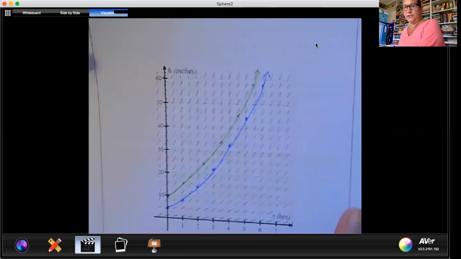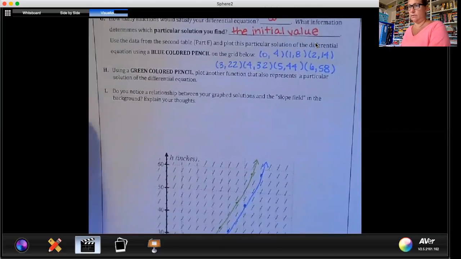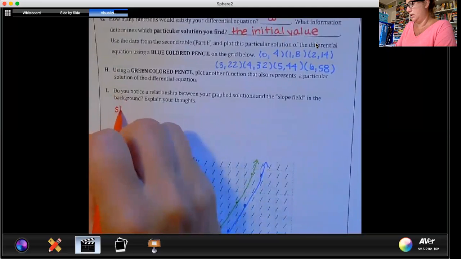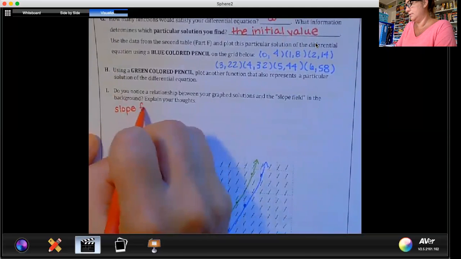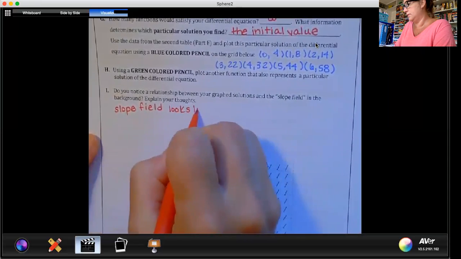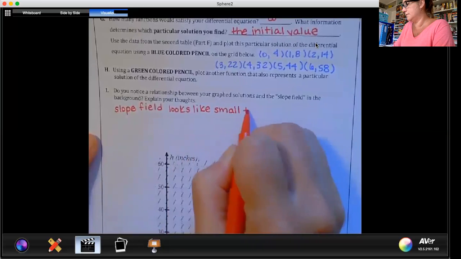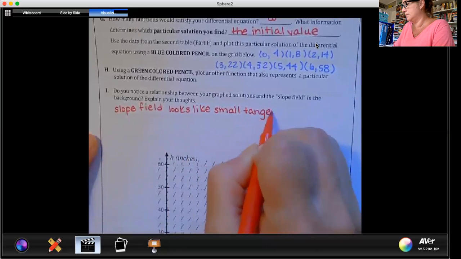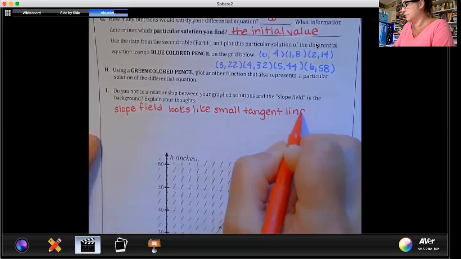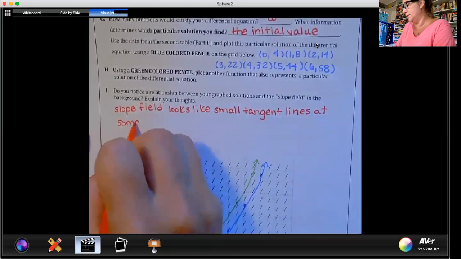Do you notice a relationship between your graph solutions and the slope field in the background, and explain your thoughts? All right, the slope field looks like small tangent lines at some x value, which is time.